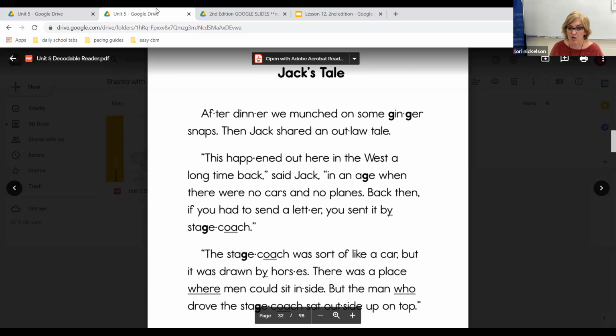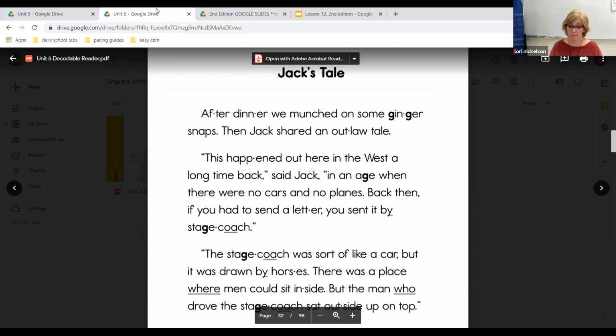"This happened out here in the West a long time back," said Jack, "in an age when there were no cars and no planes. Back then, if you had to send a letter, you sent it by stagecoach. The stagecoach was sort of like a car, but it was drawn by horses.